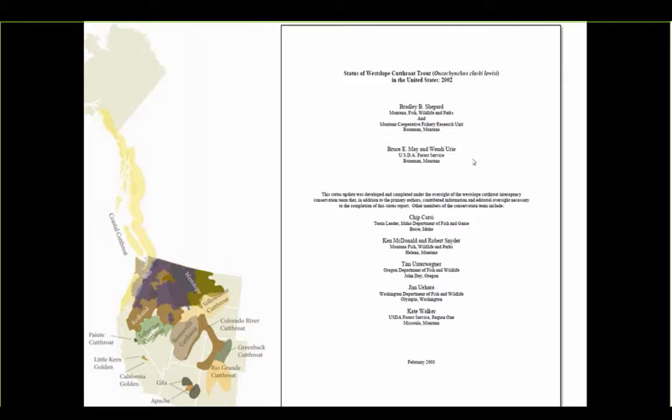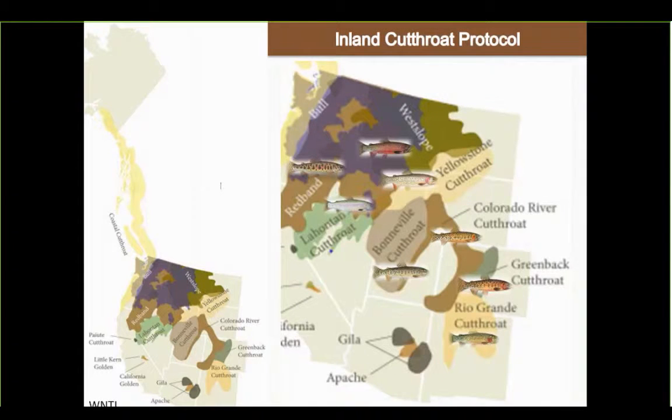So I guess, by the way, these coastal cutthroats, they're really a pretty different animal. A lot of them are sea-run populations, and the habitat over on the Pacific Crest is very different. So this common data structure that I'm talking about is really intended for the inland cutthroat subspecies, and it's called the ICP, the Inland Cutthroat Protocol. So there we are.